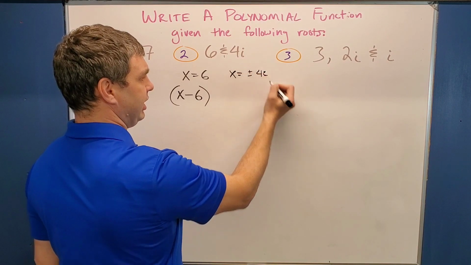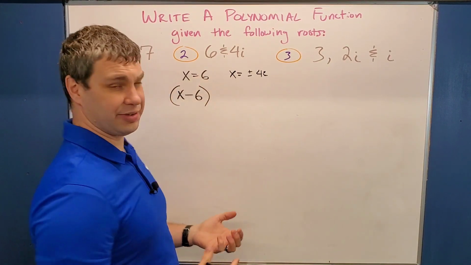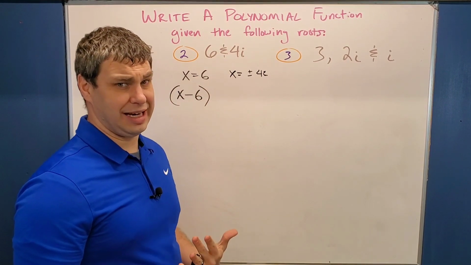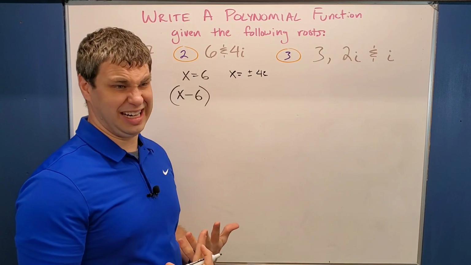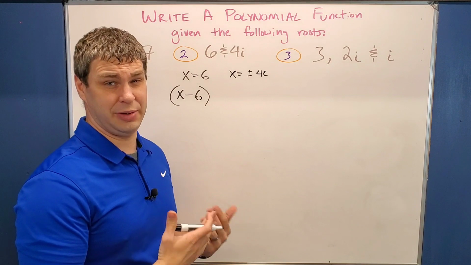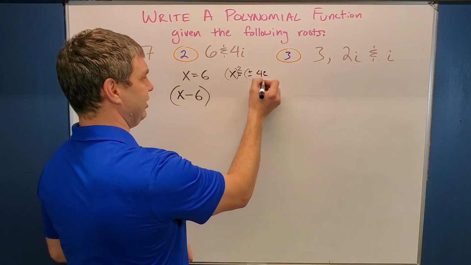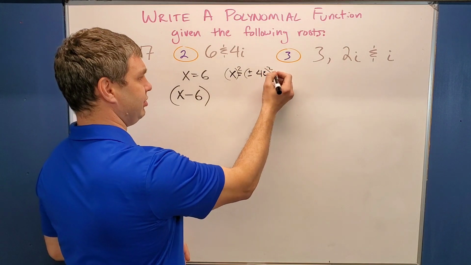Now, we don't want the i. You can't work with that. We want this to just have x's. The only way to get rid of an i and get it to be a number is if we square it, and if we square an i, we get -1. So I'm going to square both sides of my equal sign so it's still true.